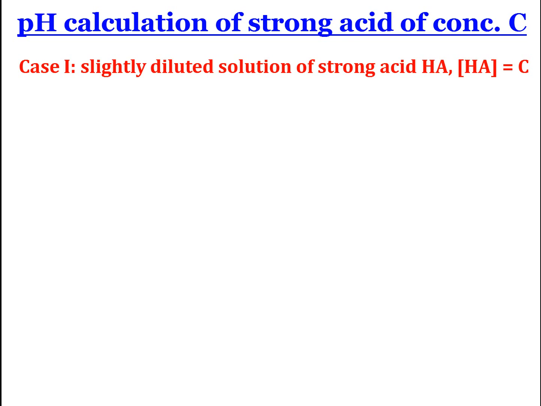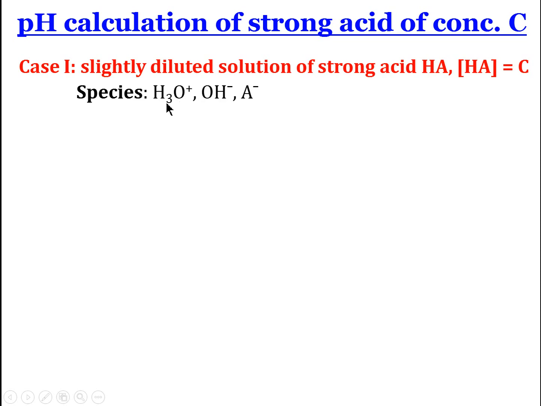Step 1, what are the species present when HA is put in solution? Since HA is a strong acid, it will dissociate completely to H3O+ and A minus, and we don't have HA remaining. So the species from HA are A minus and H3O+.